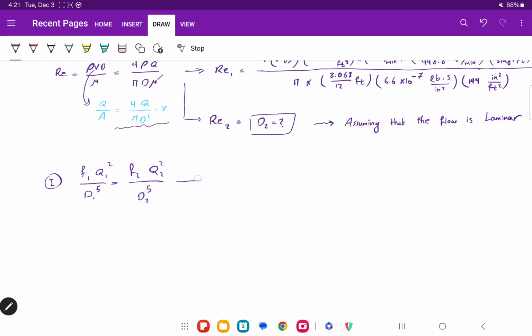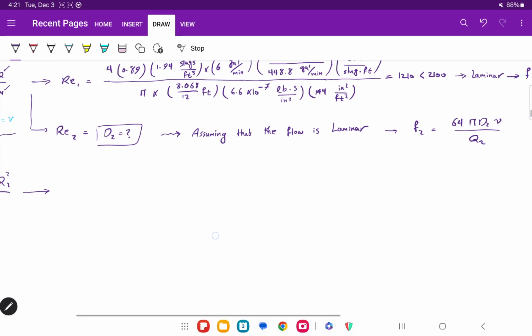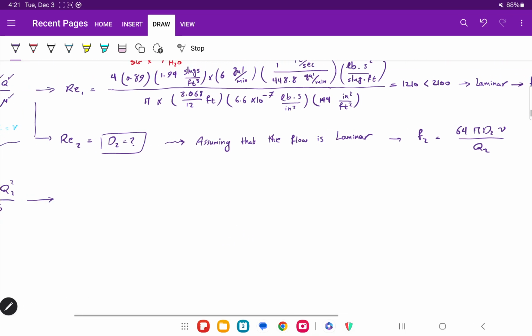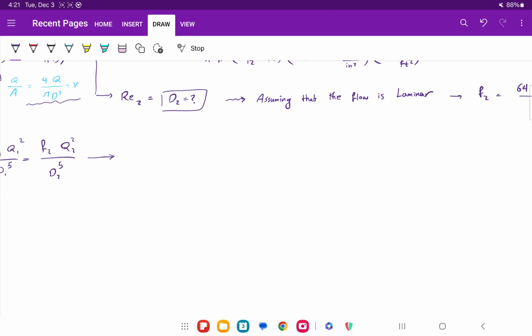And now we have expression for F1 and F2, which is 64 pi D2 nu over Q2. So from this, you can find that D2 to the power 5 that we want to find equals F1 Q1 square over F2 Q2 square times D1 to power 5.